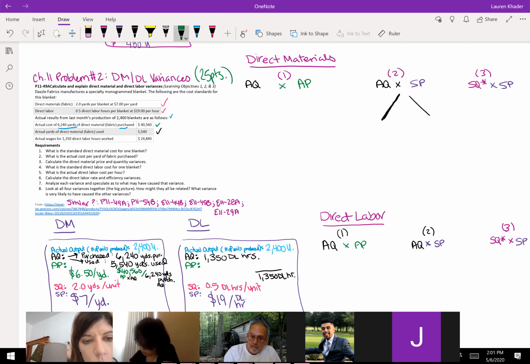They provided us with 24,840, which is our AQ times our AP for direct labor, divided by the actual quantity, 1,350 direct labor hours. So on a per hour basis, how much did we pay for direct labor? $18.40 per hour.